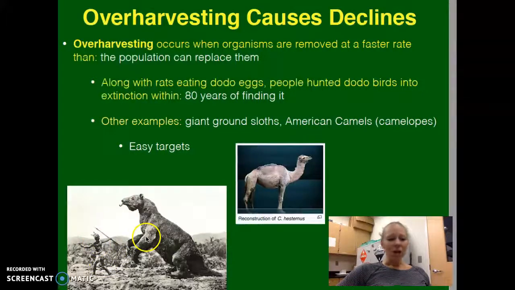Sloths move slowly, and they're an easy target, just like the dodo was an easy target. Remember that we're going to kill and eat the easiest thing that we can when we're hunting. And we always think of the desert when we think of camels, but there was a North American camel called the camelops. And we hunted them to extinction, unfortunately.